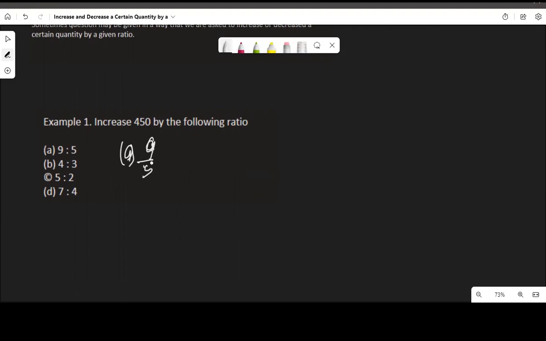So 9 over 5, we multiply by the quantity, which is 450. 5 into 450 is 90. Then 90 times 9: 9 times 9 is 81, then put the 0, so 90 times 9 rather is 810. So we've increased this quantity by 9 to 5, which gives us 810 as the new number.